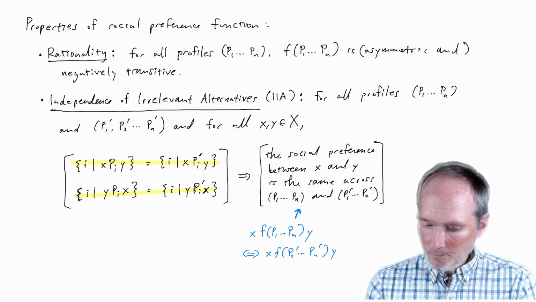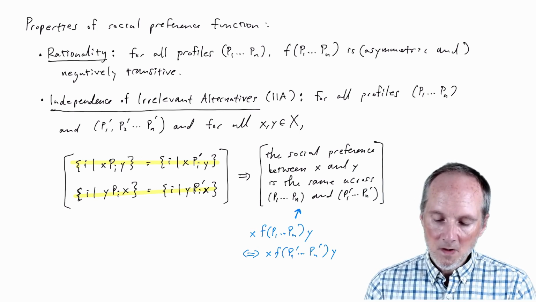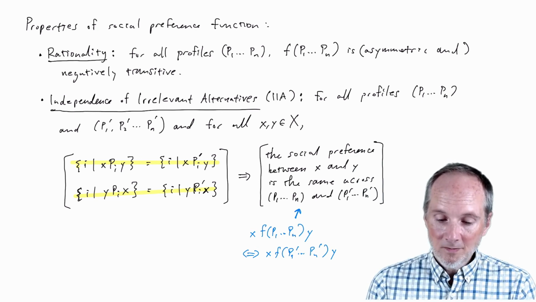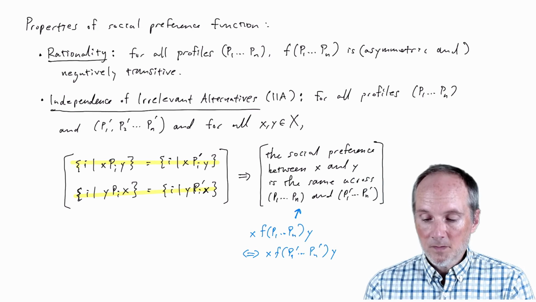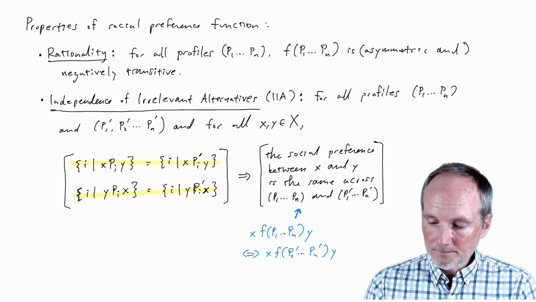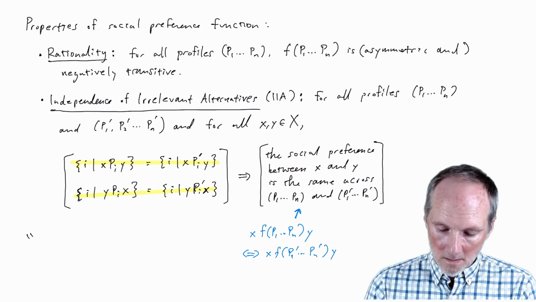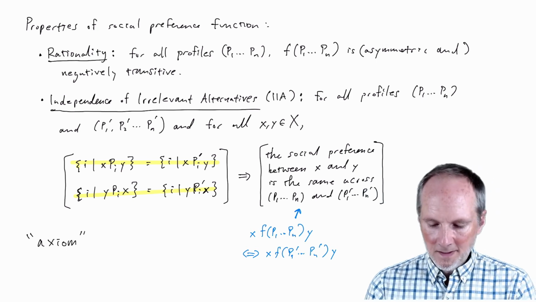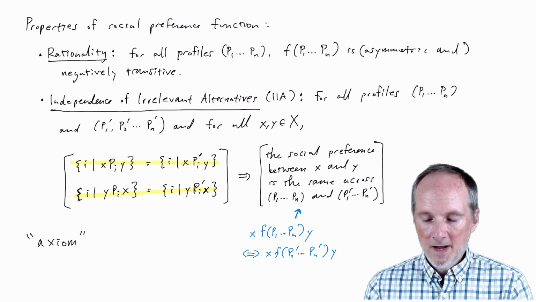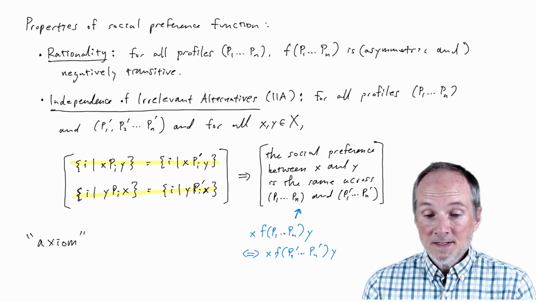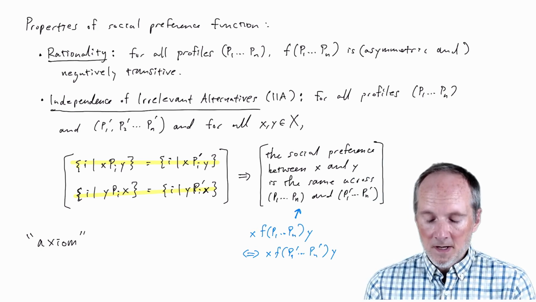So let me next use a term I've kind of thrown around a little bit, but let me introduce it in a more explicit way here. I've talked about axiomatic analysis and axioms.